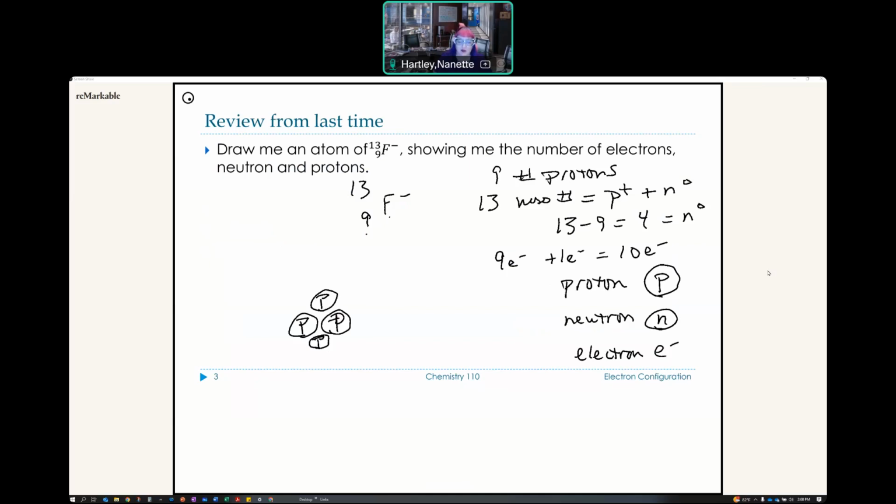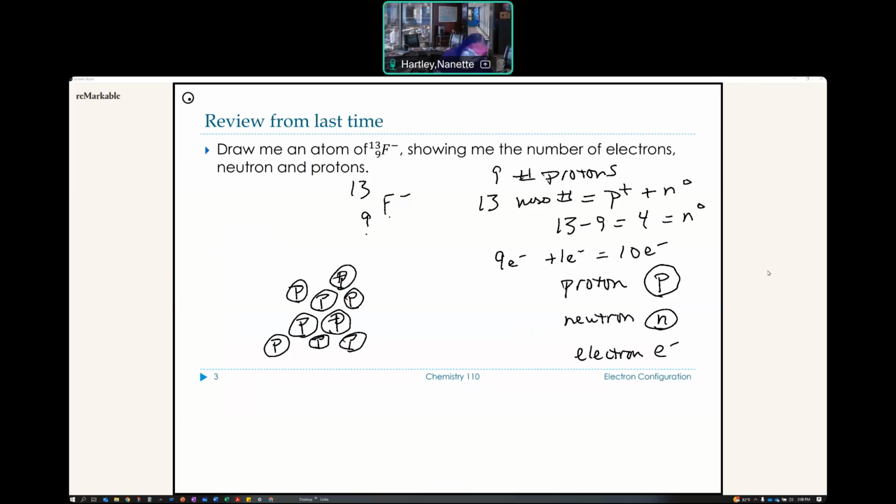You'll see this. Some of the pictures that we have don't include that charge there. So that's okay. So there's 4 there. I've got 5, 6, 7, 8, and 9. So that's my protons.